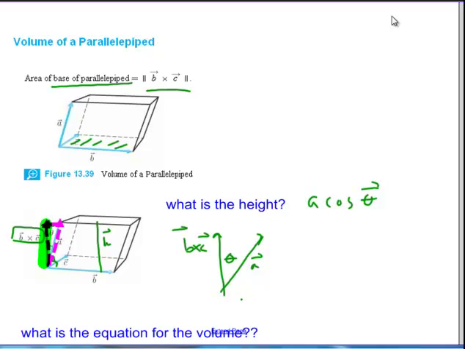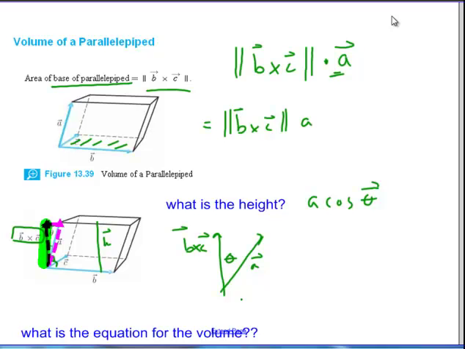So if we multiply the magnitude of B cross C times, or rather dot A, the reason I'm saying dot A is that if we dot with A, that equals the B cross C magnitude times A cos theta.